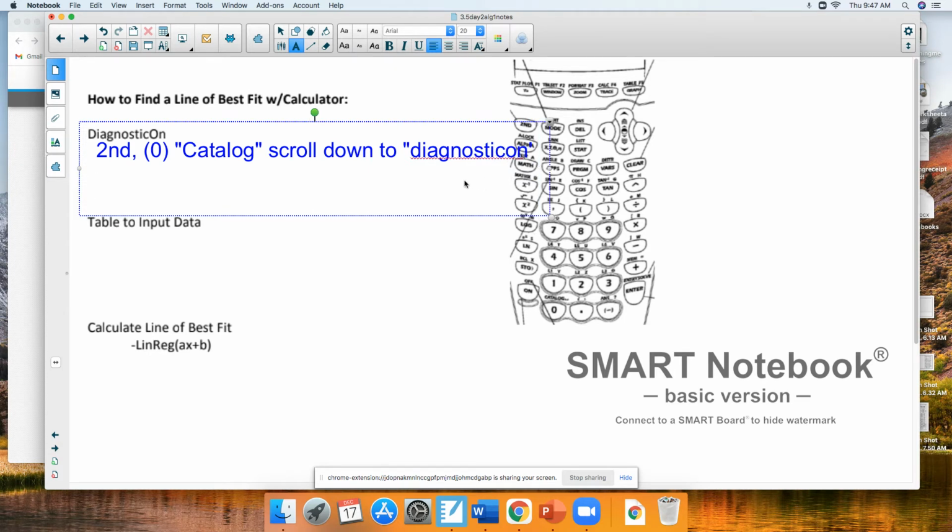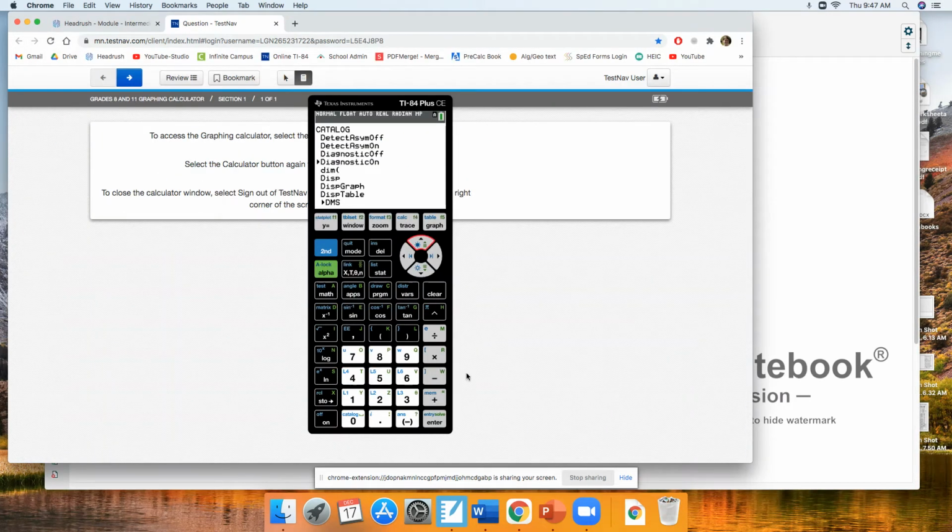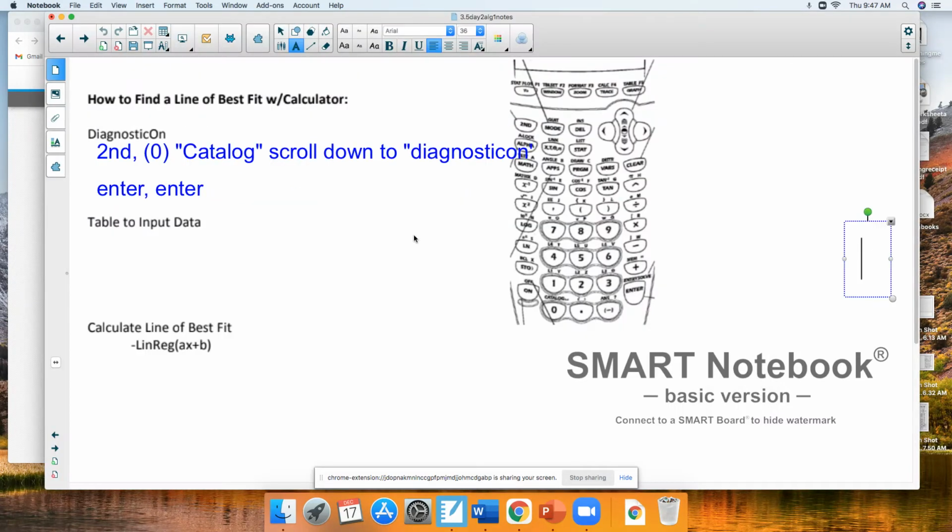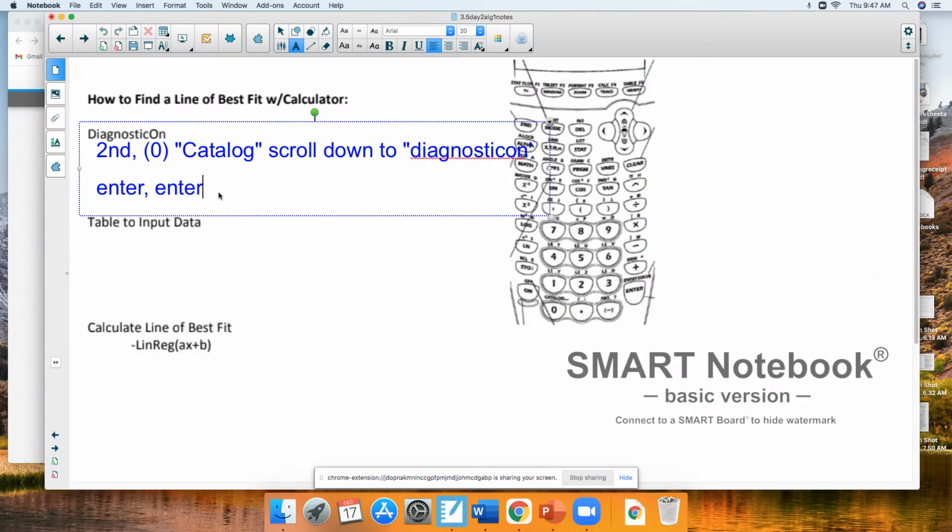Then you're going to press enter and then actually enter again. So here we are, diagnostic on, pressing enter. So it's bringing it to the home screen. And then we actually want it to run. It's going to say done at the end.